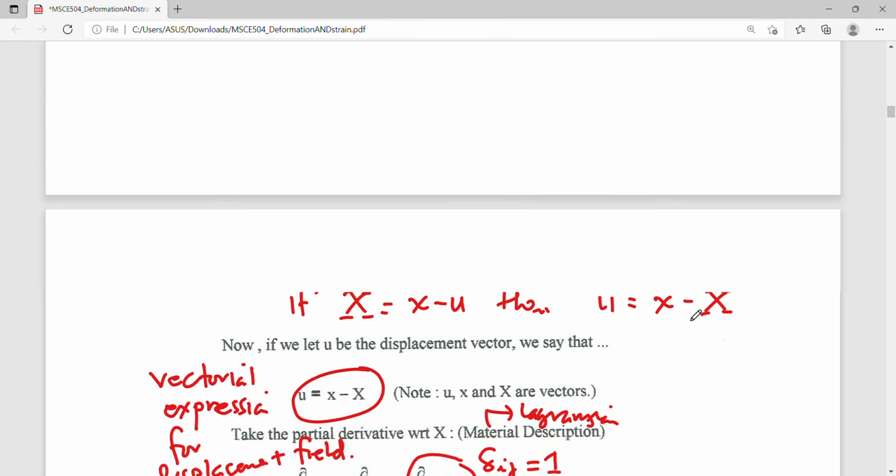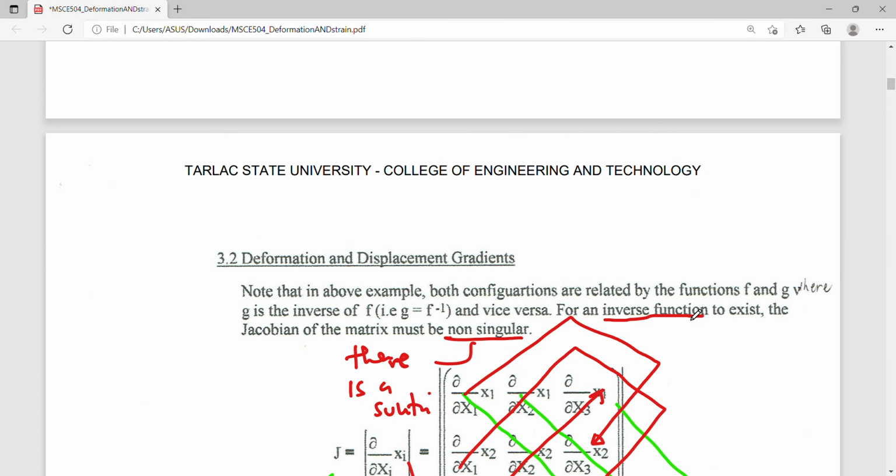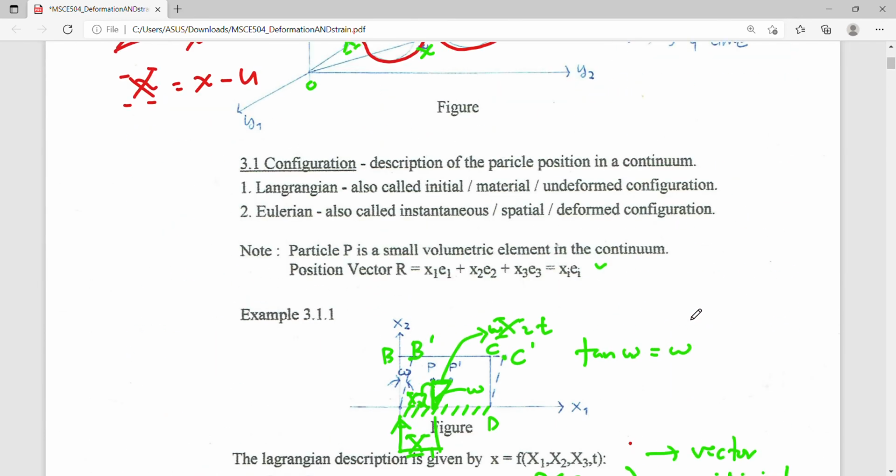Okay, so because again, we take a look at our definitions here, Eulerian is a spatial, while Lagrangian is a material description.